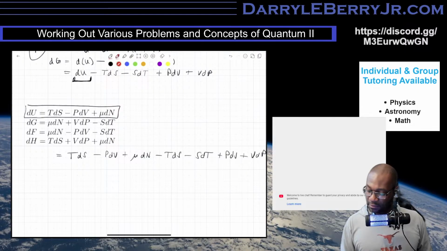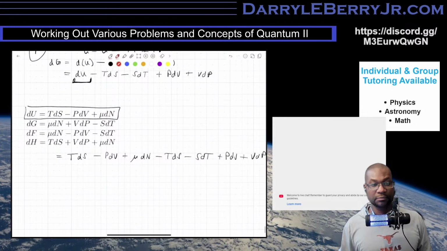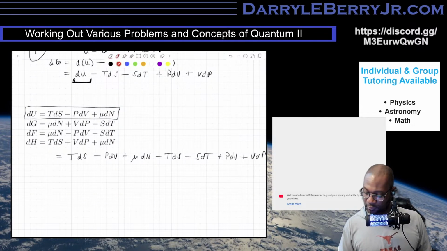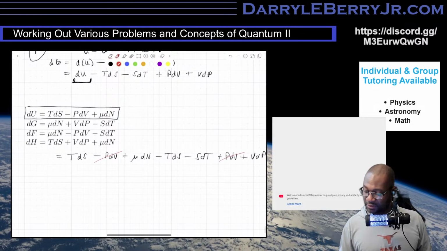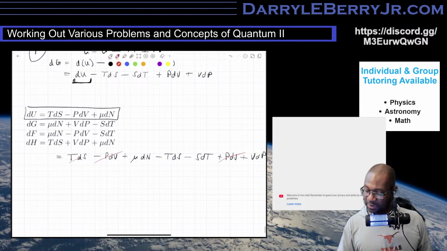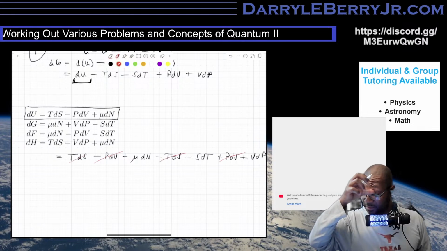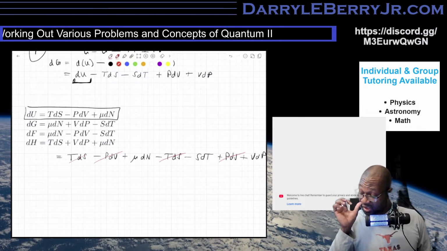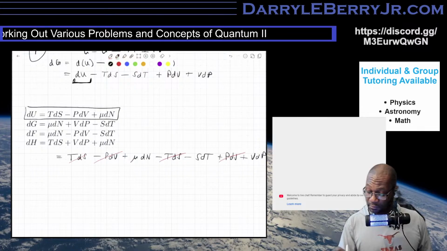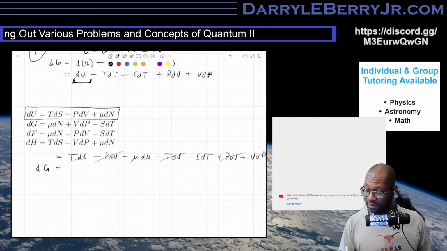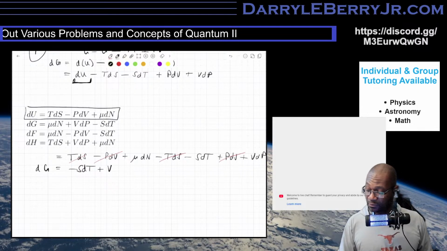So then we go ahead and cancel everything that can be canceled. So I have a minus and a plus PDV. I have a plus and a minus TDS. So now the change in Gibbs free energy is negative entropy times the change in temperature plus volume times the change in pressure.